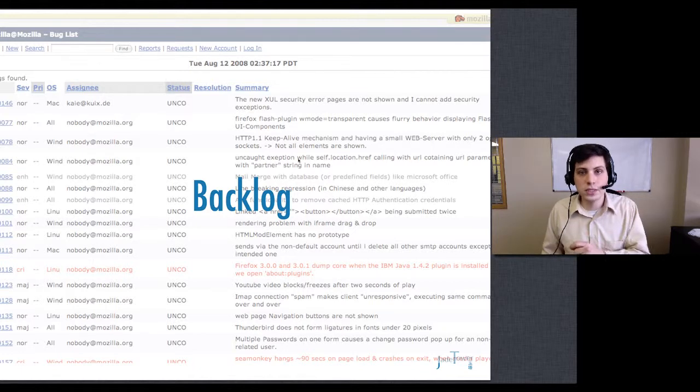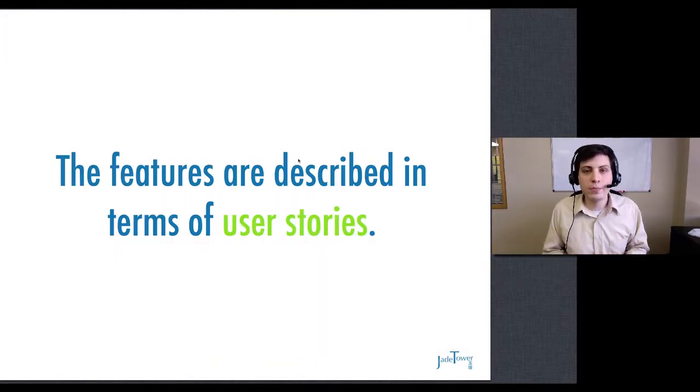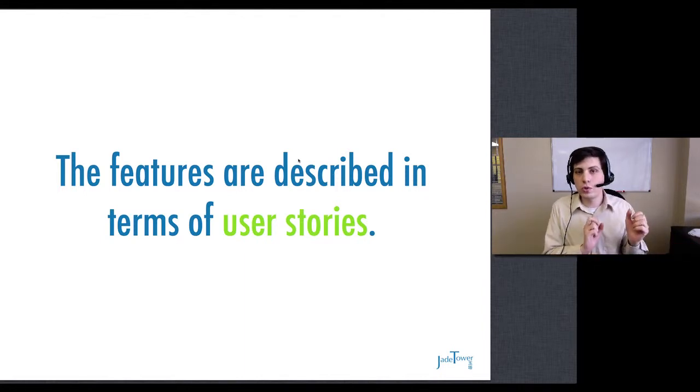So different pieces of functionality that we want, and they are described in terms of user stories. So those could be from an end user, those could be from an internal user, but it's always somebody doing something.